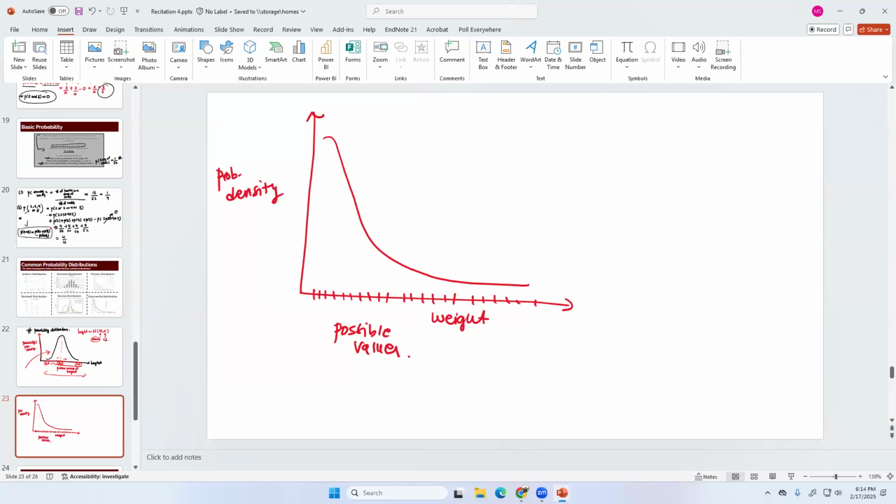Now we're talking about weight. Imagine we have a bunch of subjects in a room and they have different weights. Let me say 100 pounds, 150 pounds, and then all the way up to 300 pounds.